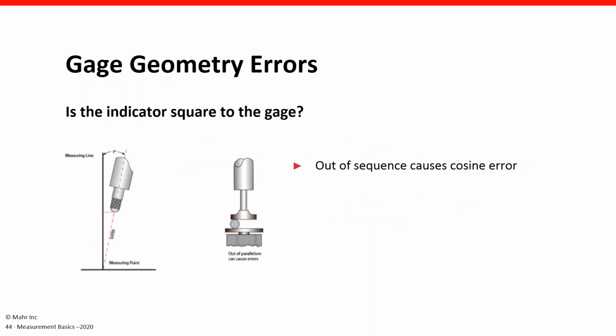There are gauge geometry errors. We want to make sure that the gauge is robust, but we also want to make sure that it's square and there are no sine or cosine errors in our measuring process. So for a long-range measuring stand, it's important to have the probe or the measuring point and instrument be square with the reference surface that we're using and making our measurement against.